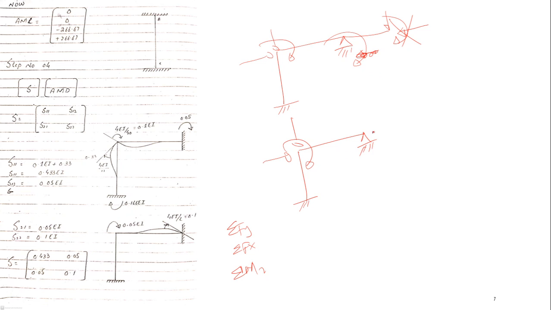Here I have got this moment, but you can actually ignore the axial deformation. For this beam, for example, the cross section is very thick and very resilient to axial deformation, so you can ignore this.